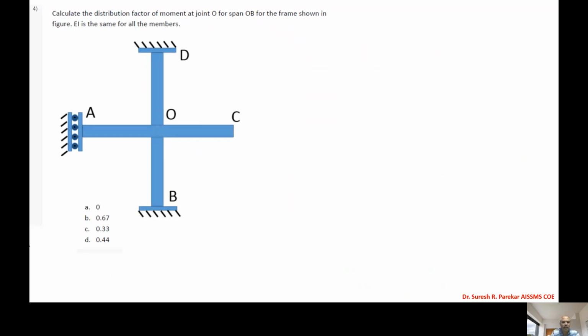We will go for this. Now we have OA again EI by L. OB we have 4 EI by L, and OD we have again 4 EI by L. For OC we do not have stiffness.